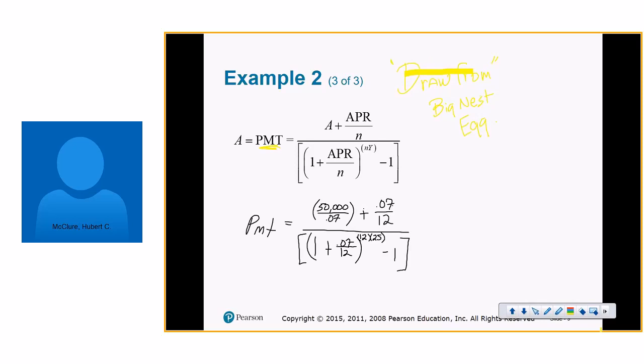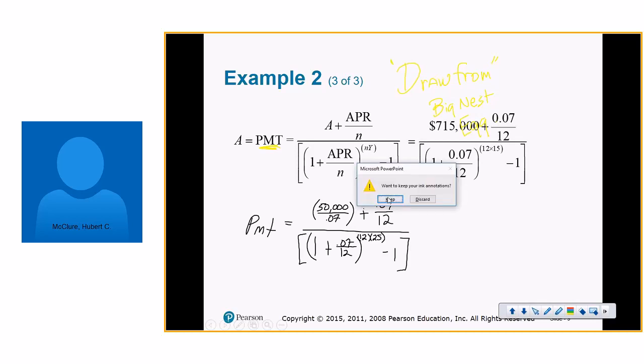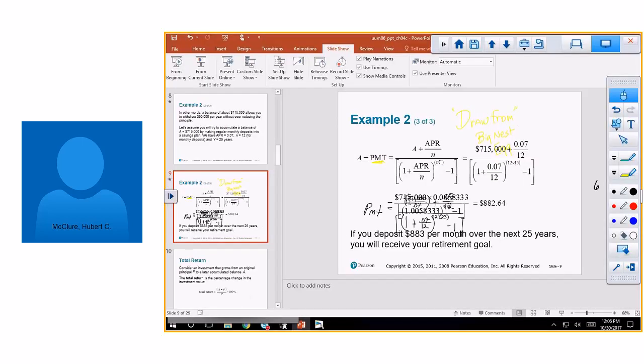Oh, I can do that though. Is that on the whiteboard? Is that why it won't do that? I think that's why. Hold on a second. Okay, that's the clear screen there.